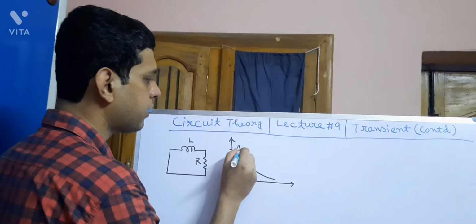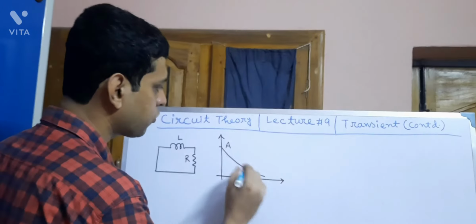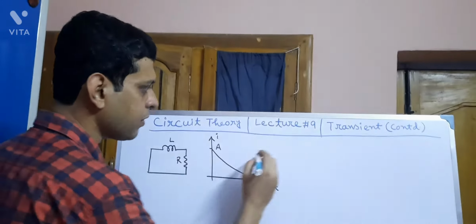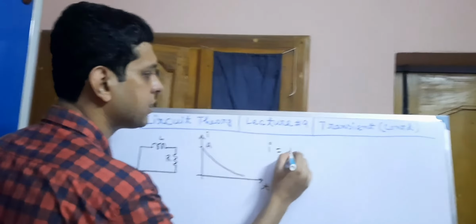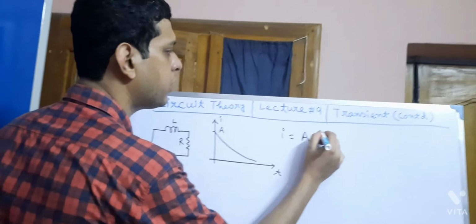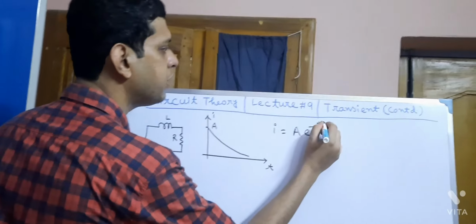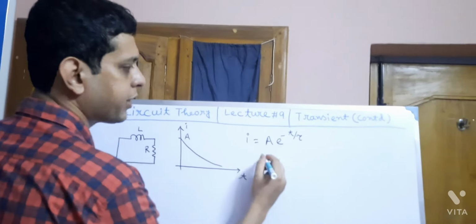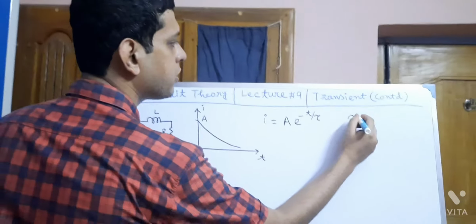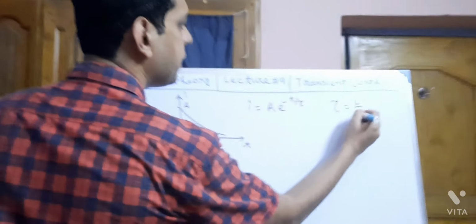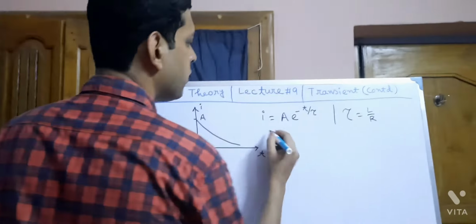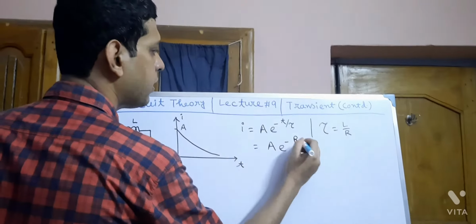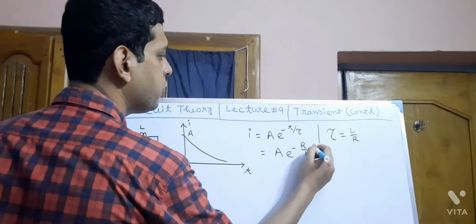I have shown you that the equation of current was A e to the power minus t by tau, okay, where tau is the time constant, L by R.